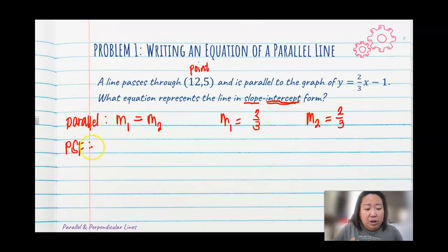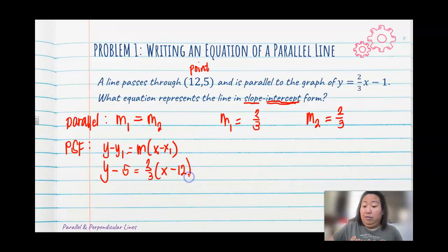So let's have our point-slope form. Remember, that will be y minus y1 is equal to m times x minus x sub 1, okay? So replacing our values, it will be y minus 5, the y value of the point, is equal to our slope, which is 2/3, times x minus 12, our x value, okay?